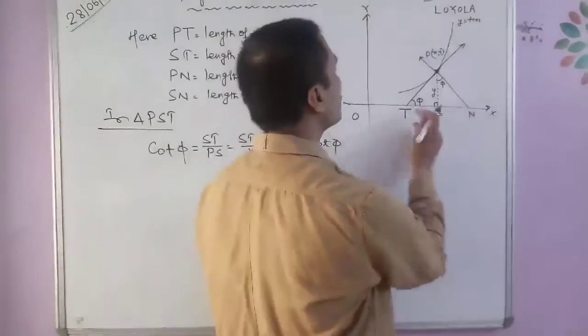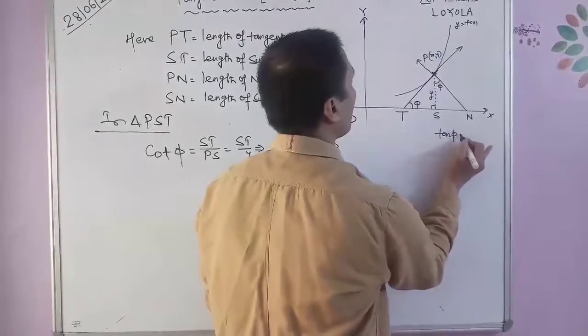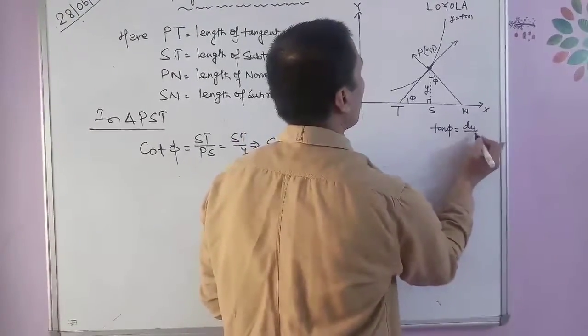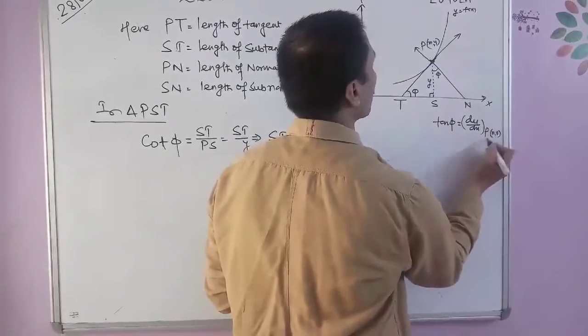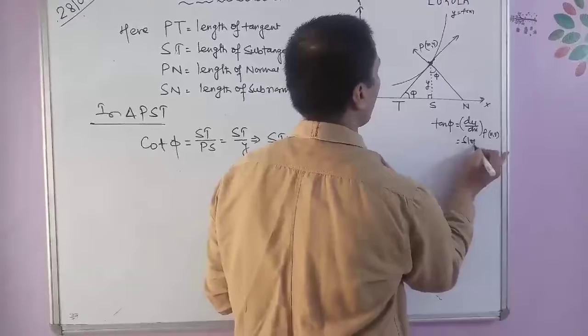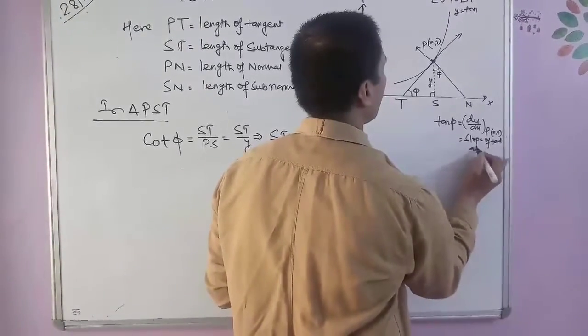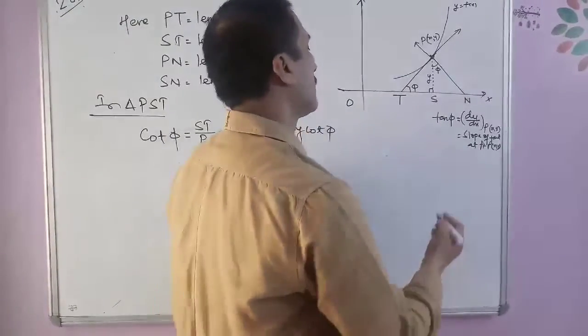Here tan phi equals dy by dx at point P(x, y), that is the slope of tangent at point P(x, y) to the curve.